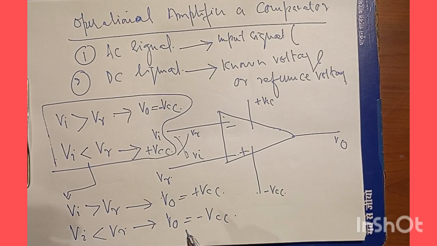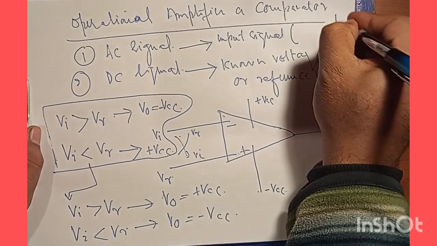So this is the technical way of understanding how we are going to get the output by making a comparison between the reference voltage and the unknown signal that we are making use of here. Now, we have two types of comparators.